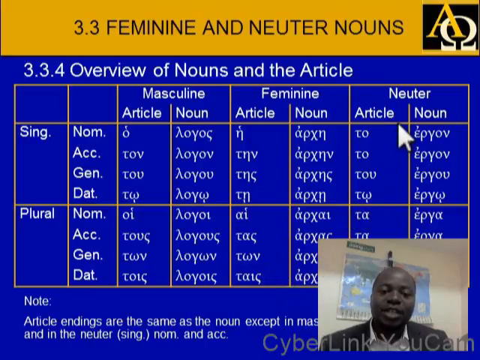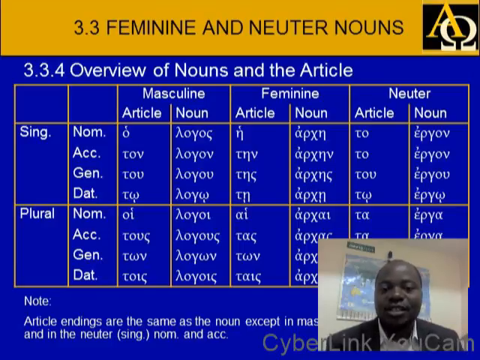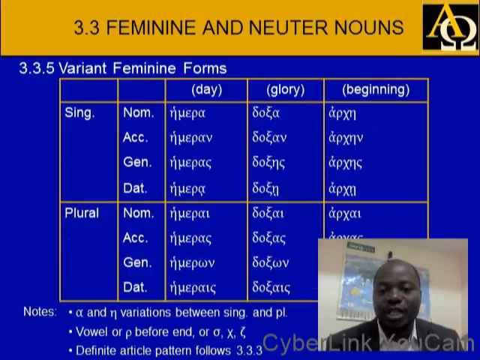Then we have the neuter: to ergon, to ergon, tou ergou, to ergo, ta erga, ton ergon, and tois ergois. Okay, so take note of this chart. It's going to help you a lot as you look at the other words.